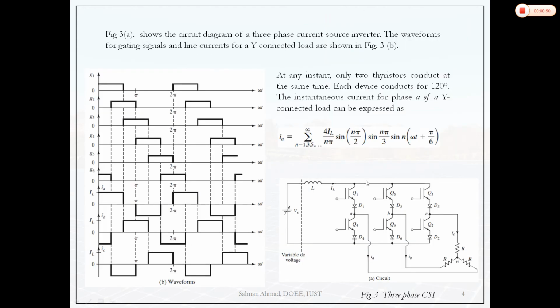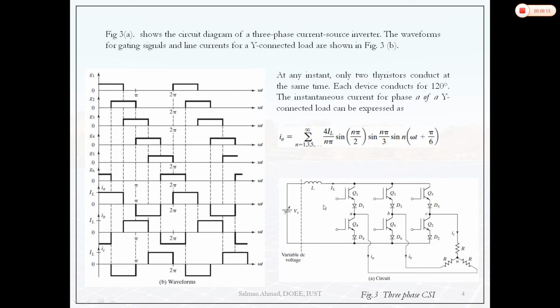Now again we can have three phase current source inverters. You can see here we have 3 legs. In each leg the switches are formed in such a way that they conduct current in one direction and block polarity in both directions. We have a star connected load here. So this inductor is required.